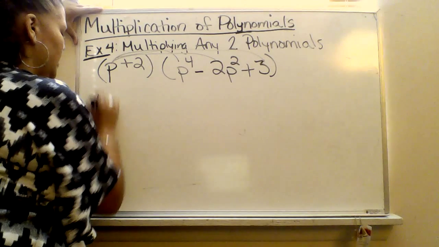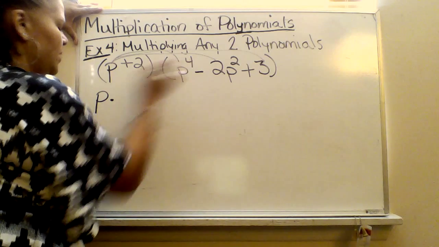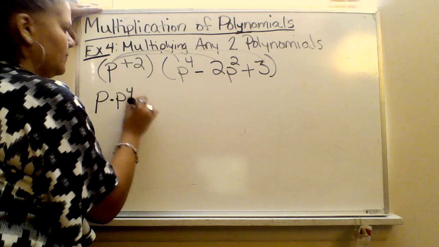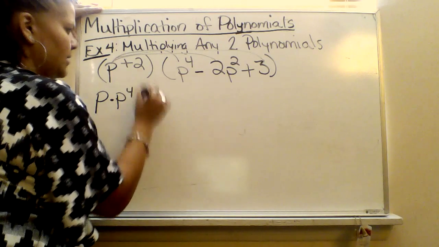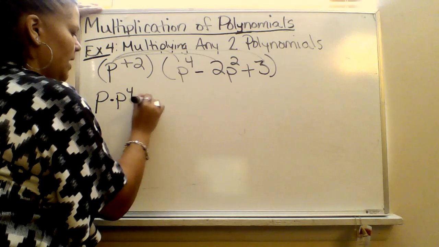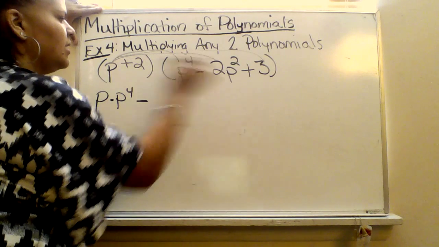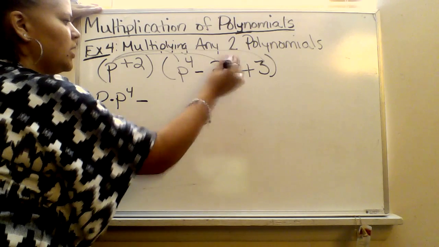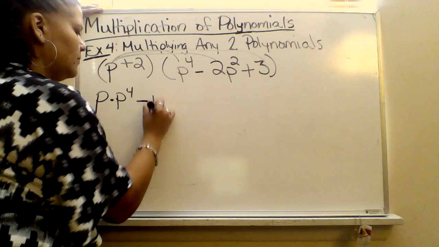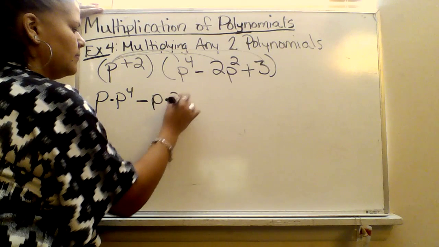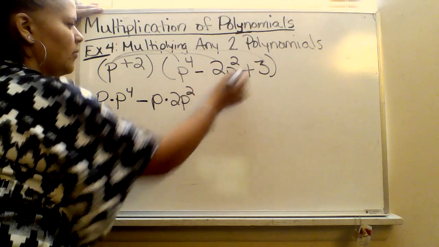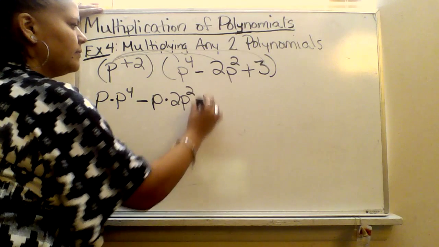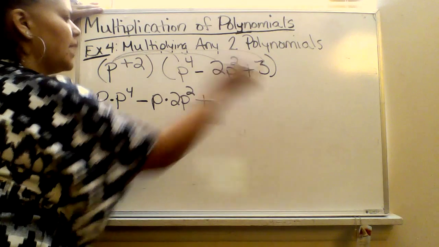So p times p to the 4th, then I bring down my sign, minus, then I have p times 2p squared. Bring down the sign. Then I have p times 3.